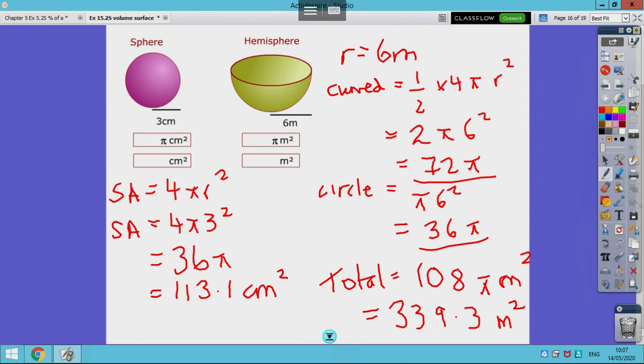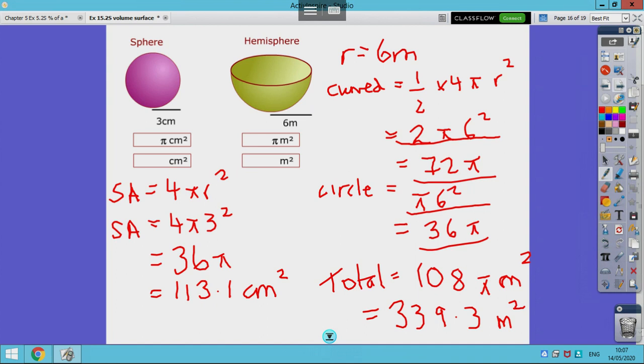Okay, so you can see with a hemisphere you need to split it into the circular face and the curved face, and actually if you think about it, you've got 2 pi 6 squared, add another pi 6 squared, you actually end up doing 3 pi 6 squared, which I'm not sure if anyone can tell me if that works for every single sphere. I want you to think about it.